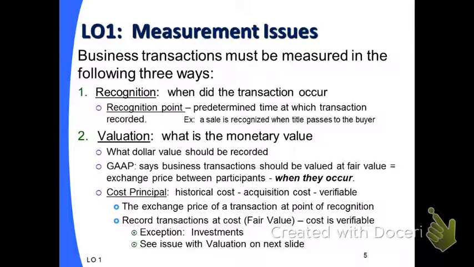We often use the cost because it is easily verified. So it is often said to be the best, most consistent approach to valuation. The exception to this might be investments, because the fair value or the market value of investments is constantly changing.